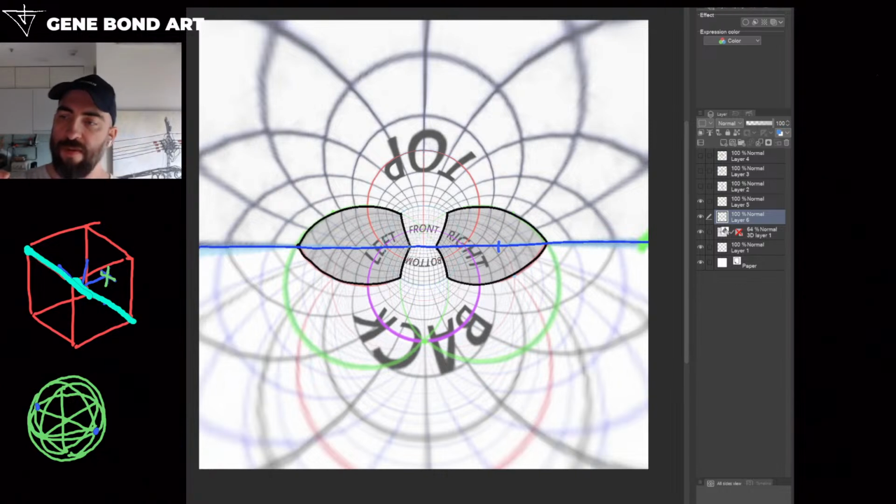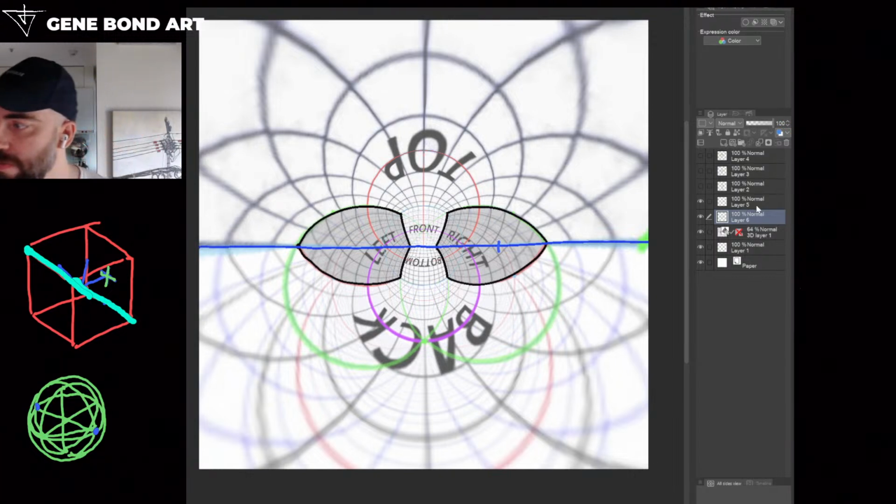Because your camera looks 45 degrees down, front, still front, 45 camera down, this left and right diagonal lines align with the cube. Let me try to show it.